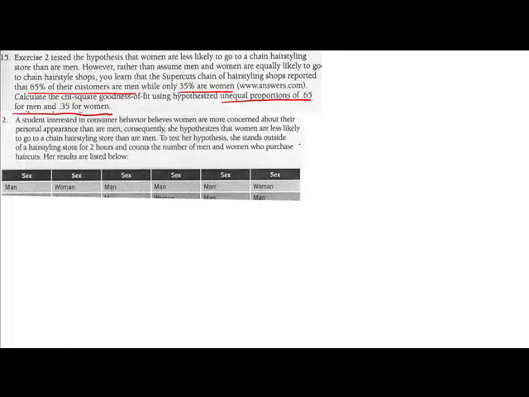Okay. A student interested in consumer behavior believes women are more concerned about their personal appearance than are men. Consequently, she hypothesizes that women are less likely to go to a chain hairstyling store. Okay, so we got this. Let me put the data up because I cut it off to get it to actually fit.